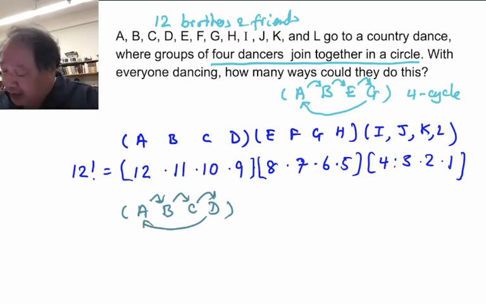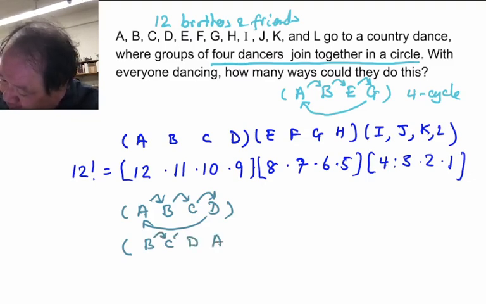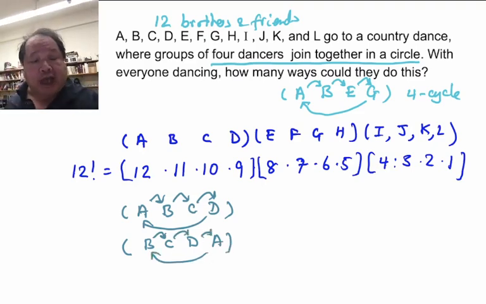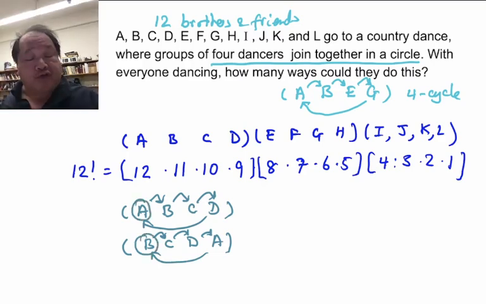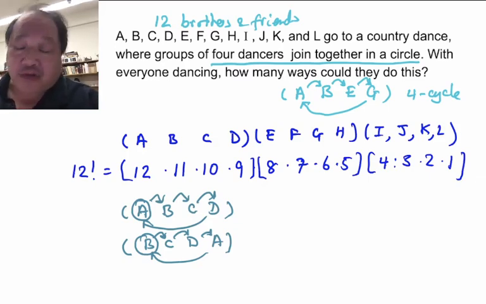That is exactly the same team as B is holding C, C is holding D, D is holding A. These are just 2 different ways of writing exactly the same dance team. And so we could have any one of the initial 4 letters as the first position, and as long as I use the same sequence, I'll have described the same dance team.